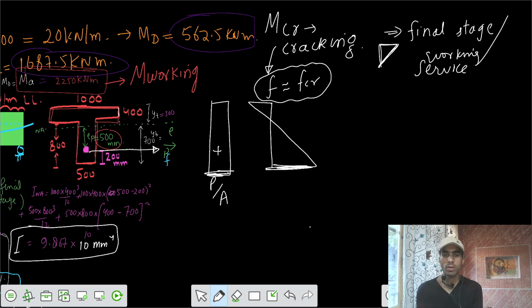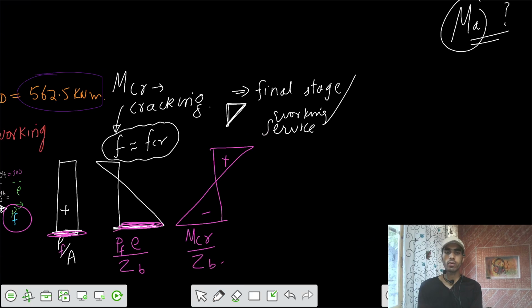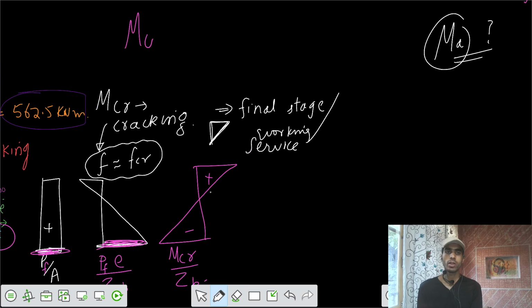So we are calculating the stresses at the bottom fibers, and this value is P final, the final force, PF. PF e by Z bottom. And the third is because of the cracking moment, we have positive and negative tensile: Mcr by Z bottom, where Mcr is because of dead load and live load.